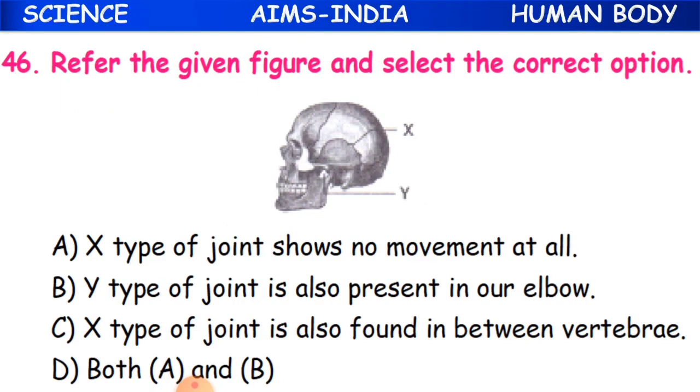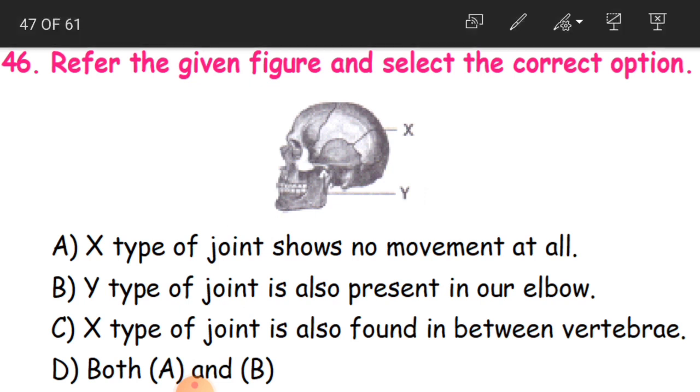46th question. Refer to the given figure and select the correct option. Here you have X and Y parts. You have to select the correct option, like what is X and what is Y. According to A, X type of joint shows no movement at all.